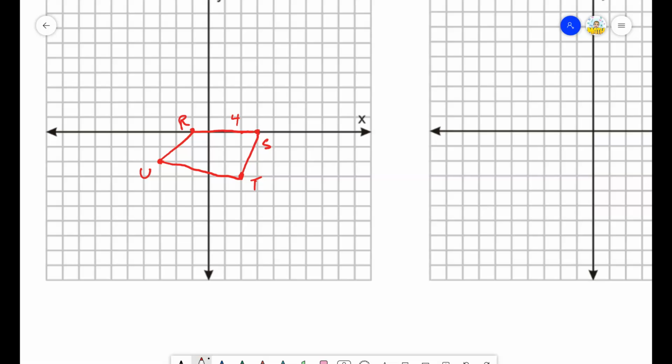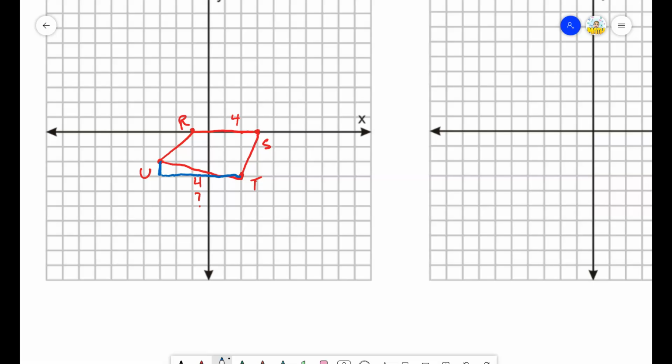So in order for this to be a parallelogram, the side opposite would also have to be a distance of 4. And from the looks of it, we don't have a distance of 4. Remember using the Pythagorean theorem here, that's a distance of 1, and then a distance of 1, 2, 3, 4, 5.